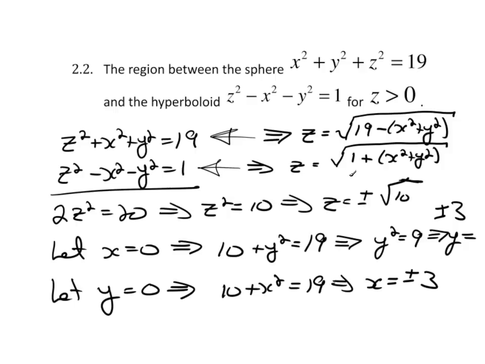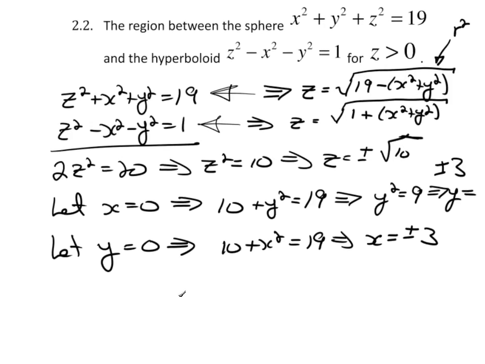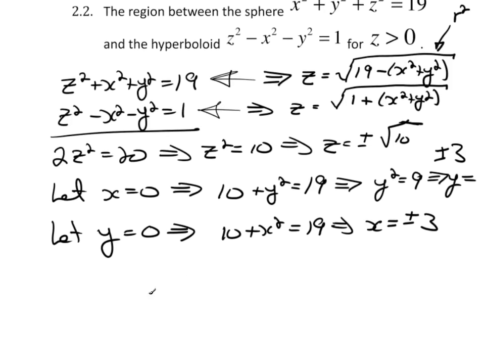So if I change this to polar coordinates, actually cylindrical coordinates, which is polar coordinates with a slight twist to it, notice that this x squared plus y squared is r squared. So I can rewrite this: the lower bound, because this is the hyperboloid, is going to be the square root of 1 plus r squared.